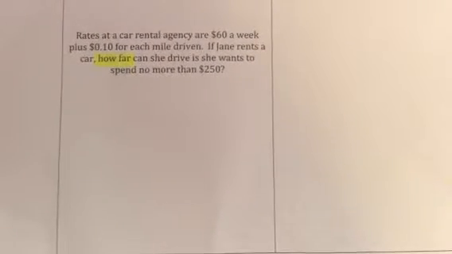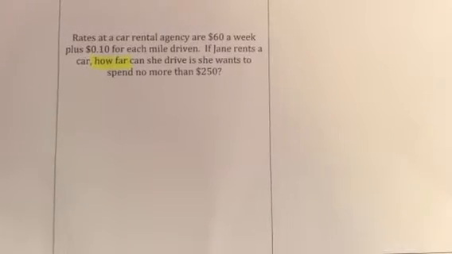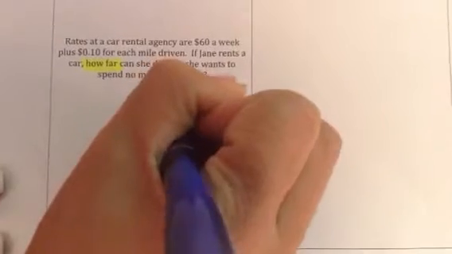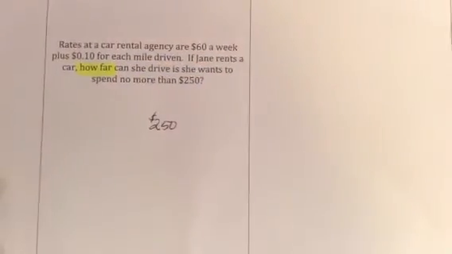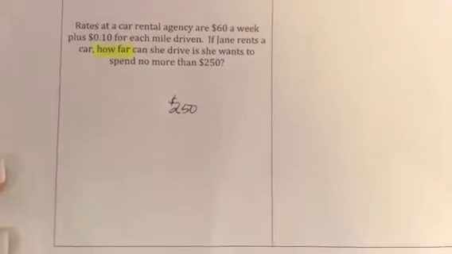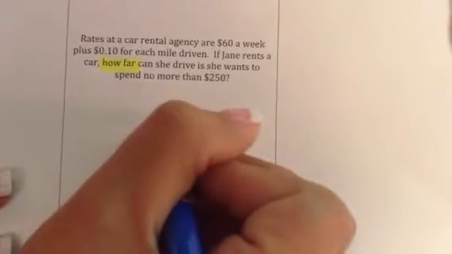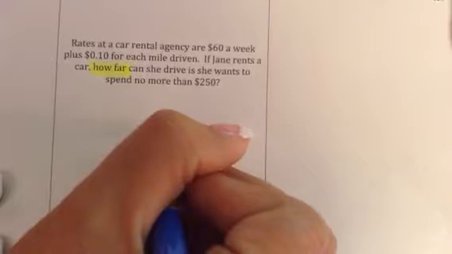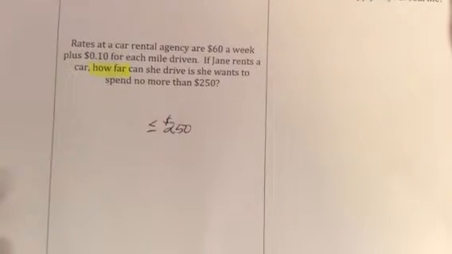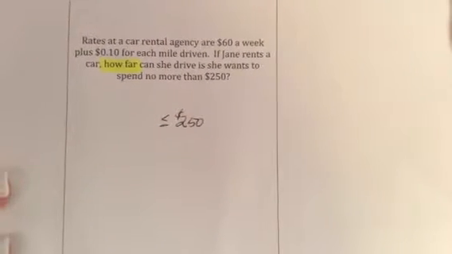So with this, we know that we can't drive. We have $250 to spend. We can't drive more than the amount of money that we have to spend. So that's going to be less than, or we can equal that exact amount of money.